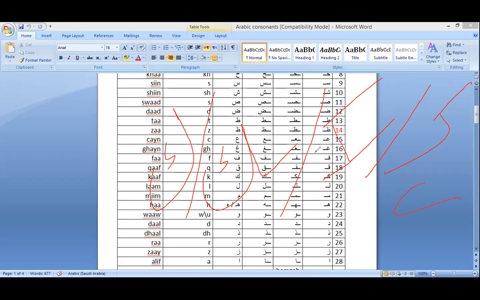Some people write it also this way. That's also fine, but that is in either the middle or initial, right? So let's just see the first one. These are one shape, and this is another shape. So in that case, Ka has two shapes: Ka initial, Ka middle, Ka final, and Ka isolated.